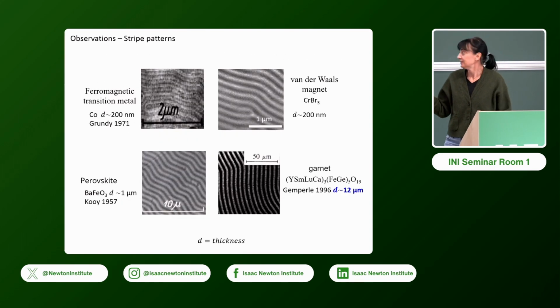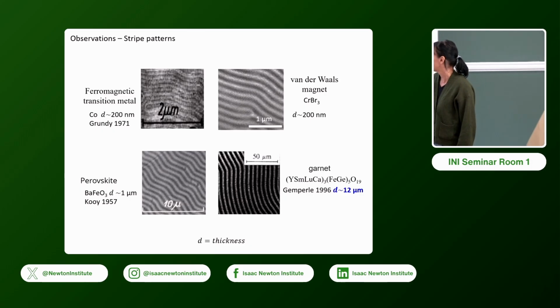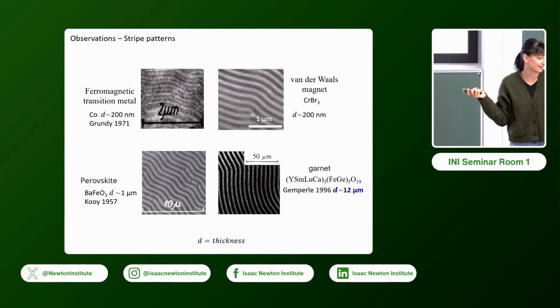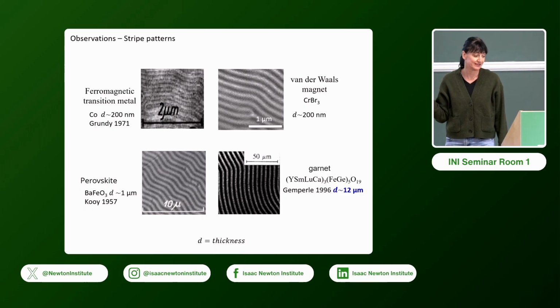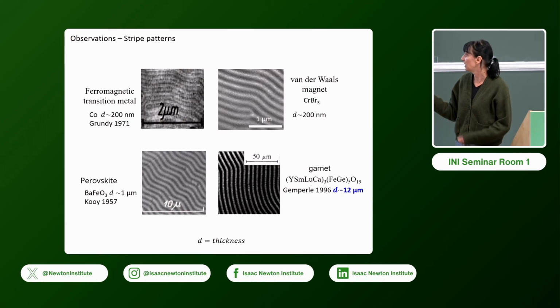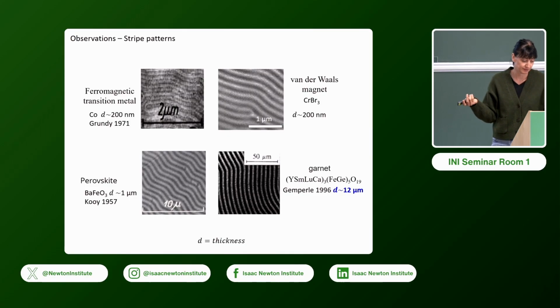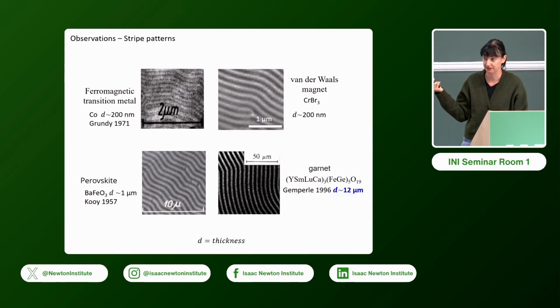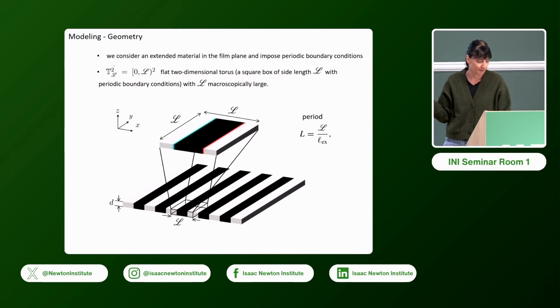So the question is, we want to understand these stripes. You see that they exist in very different sizes and periods, and as an experimentalist, you want to be able to predict this.